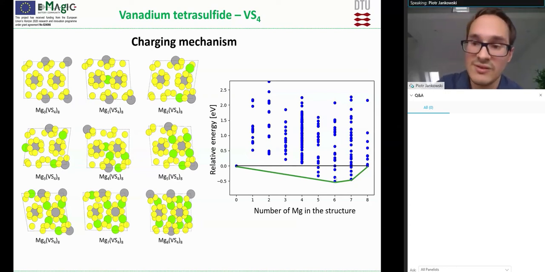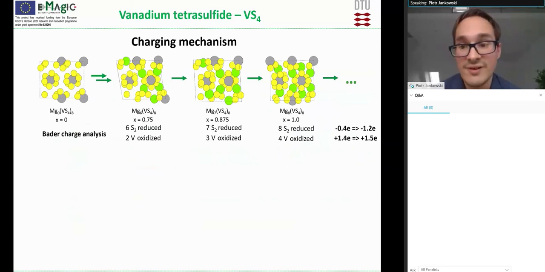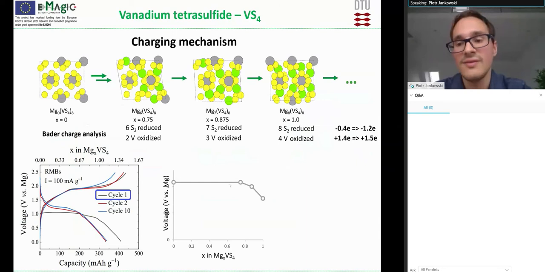That means this material has a very specific charging mechanism that at the beginning is heterogeneous, and then when we reach the phase that is stable, we are able to charge it homogeneously, so charging 1 magnesium by 1. Because of that, when we look at the simulated OCV, we should have a plateau and then a potential that is slowly dropping.